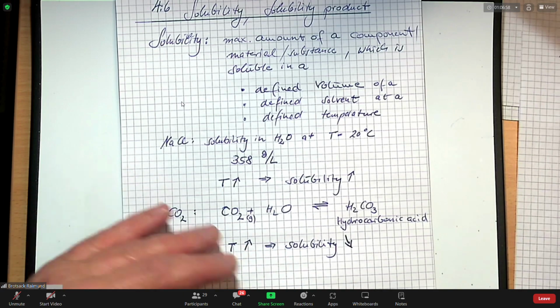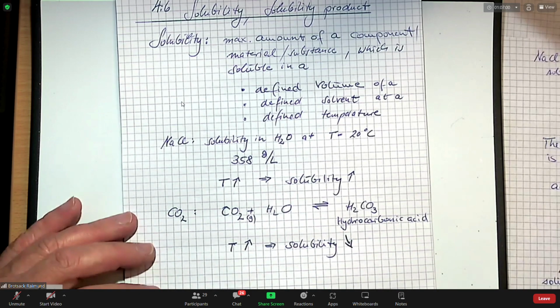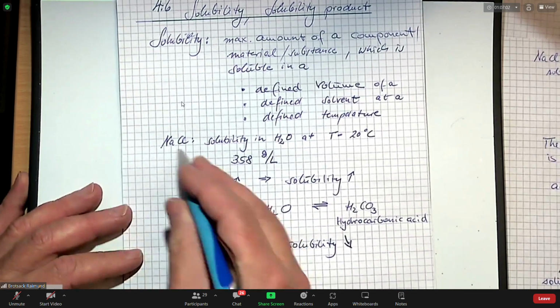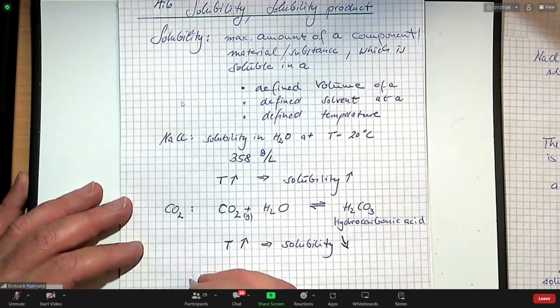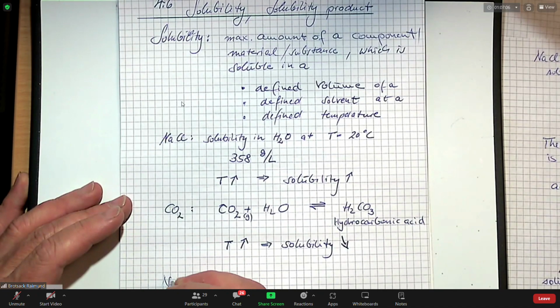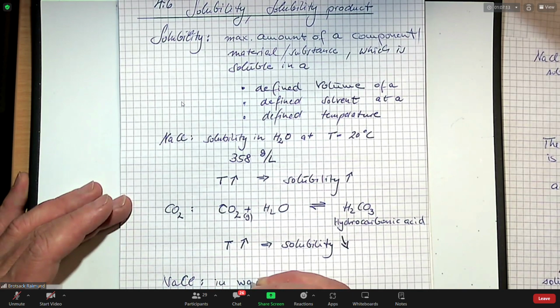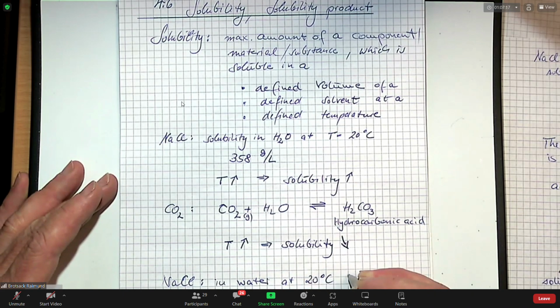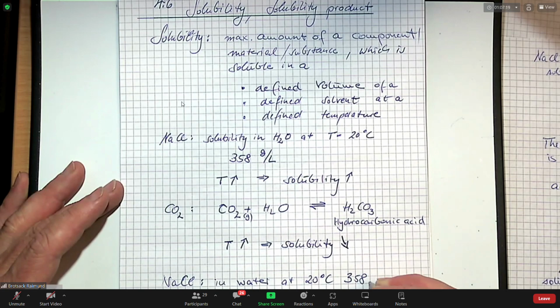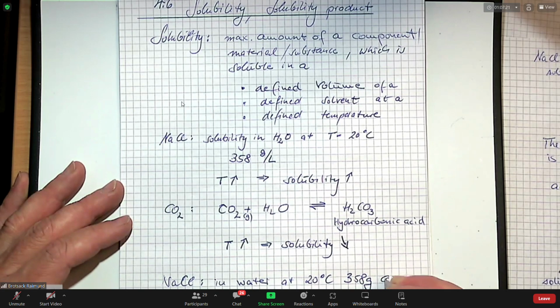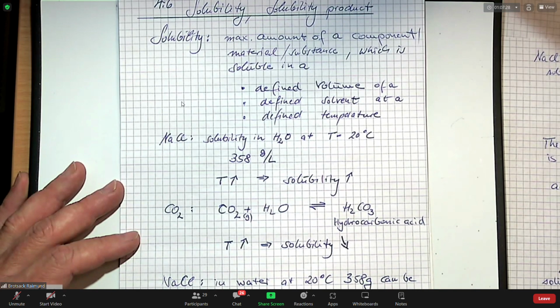So that normally means, coming back to sodium chloride in water at 20 degrees, 358 grams can be dissolved in 1 liter.